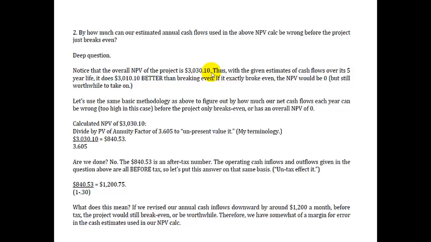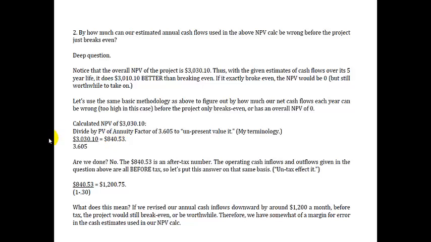So we're trying to basically say how much each year could we reduce our cash flows to take the net present value of this project from $3,000 down to 0. Let's use the same sequence and methodology as we did above in our other sensitivity analysis question.